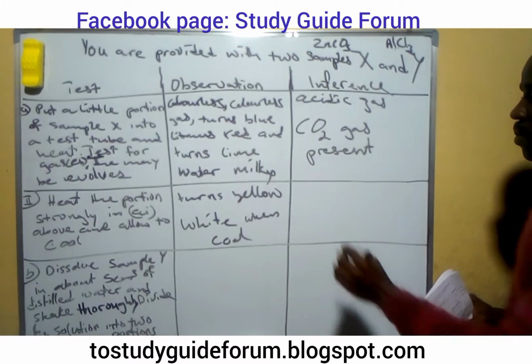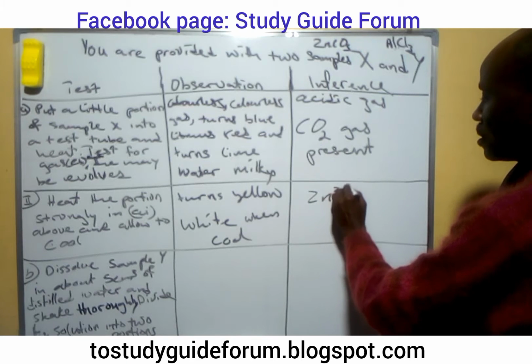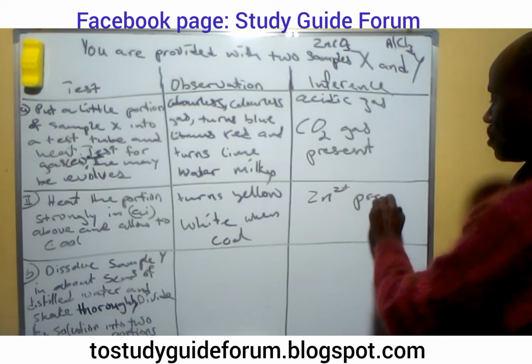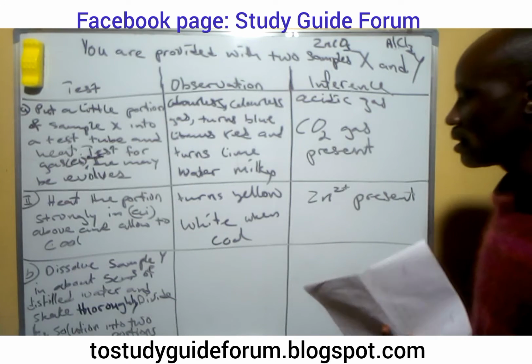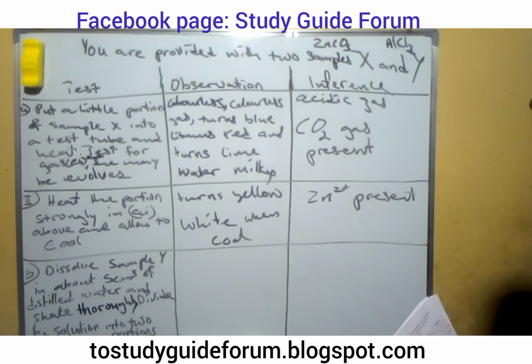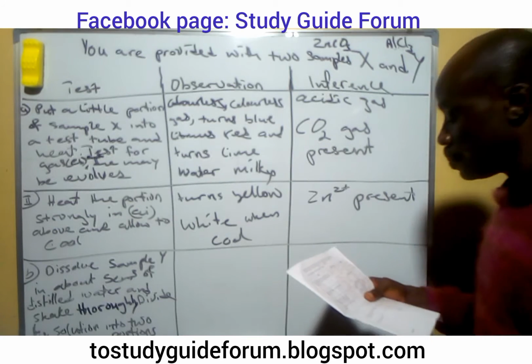So what does this mean? It means that zinc ion is present in the compound, the sample that we have.